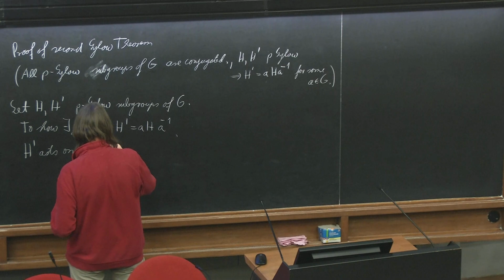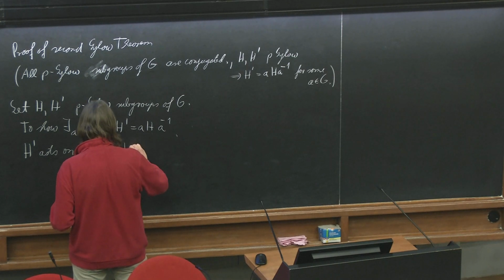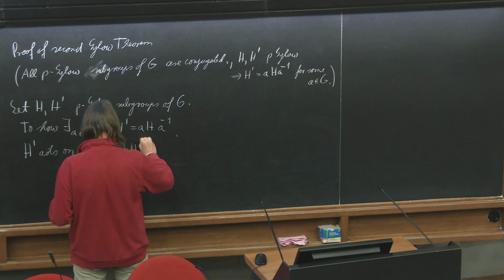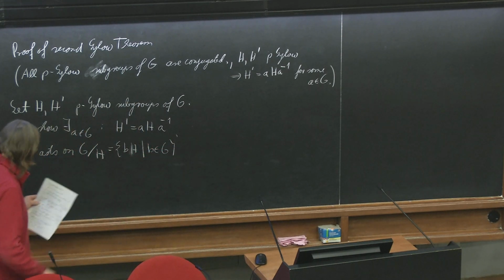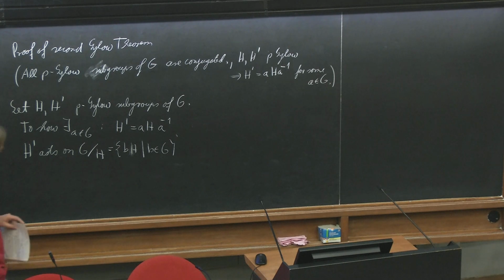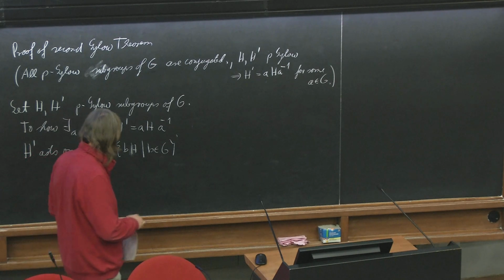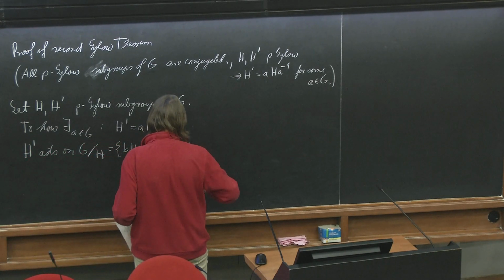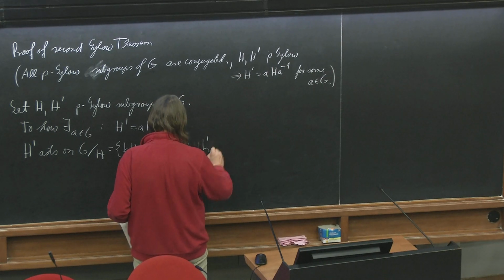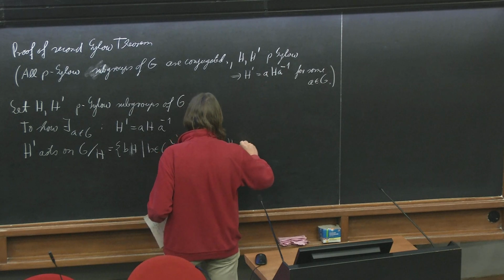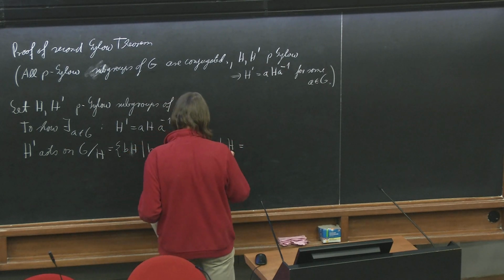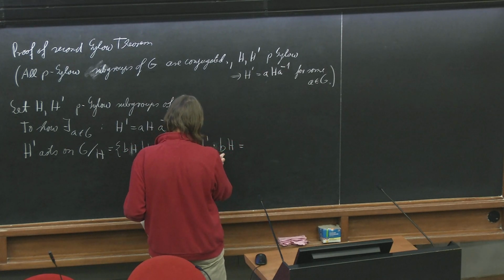Remember, G mod H is just the set of all B times H with B in G. Again, in some sense, just by multiplication, but by multiplication here, an element H prime in H prime will act on BH just by multiplying what we have here.